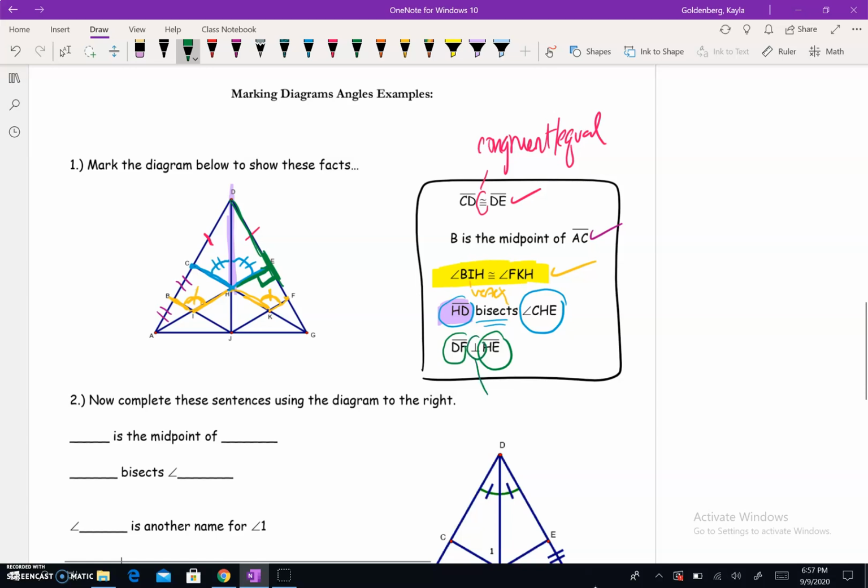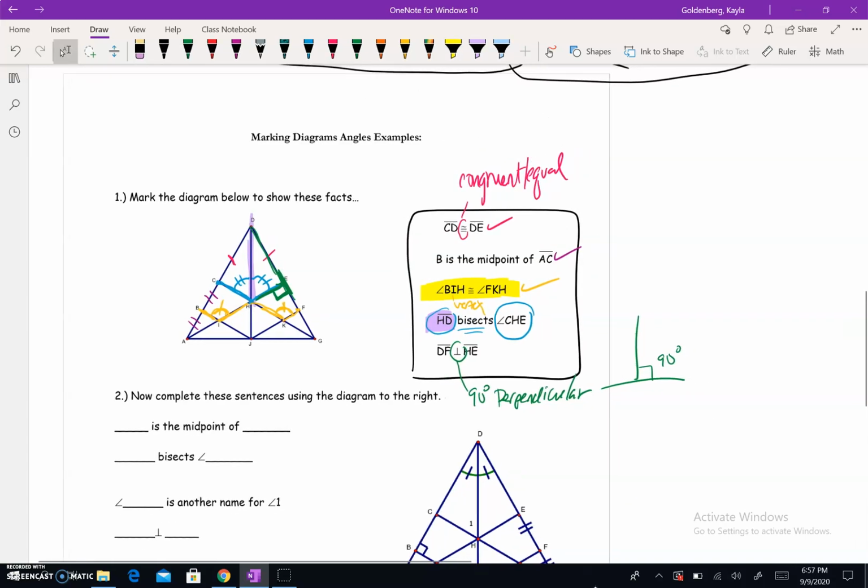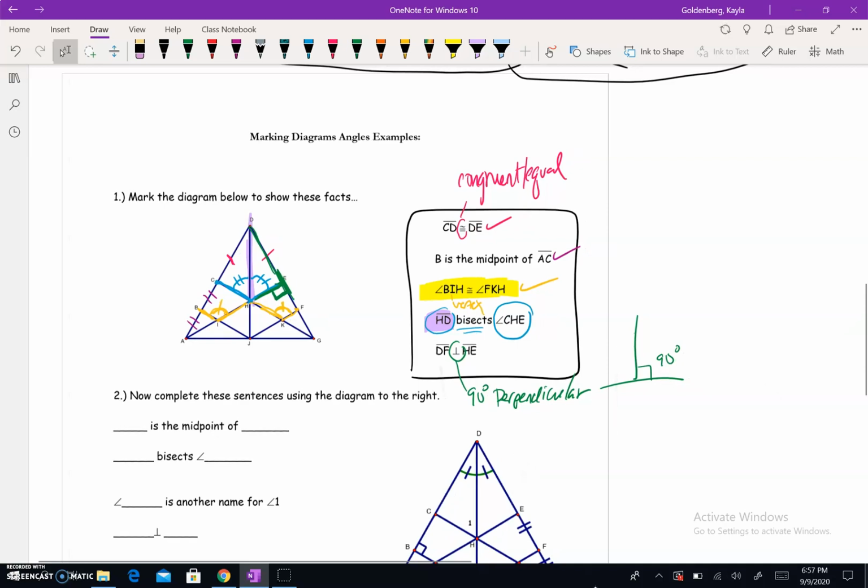So this symbol right here, erase this so you can see it, means that it has a 90-degree angle. In words, it means that they're perpendicular, and we'll come to this word later in a future week. For now, all you need to know is that it makes a right angle. It means that the 2 line segments come together and make 90 degrees. Okay? And then we do that symbol just like that in the picture.